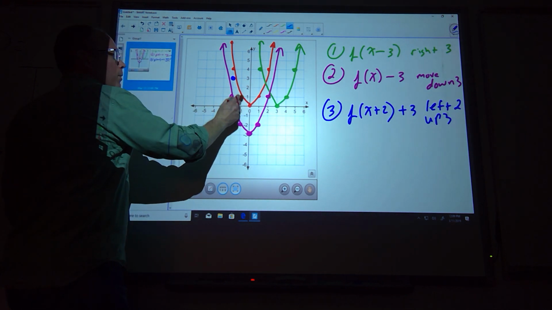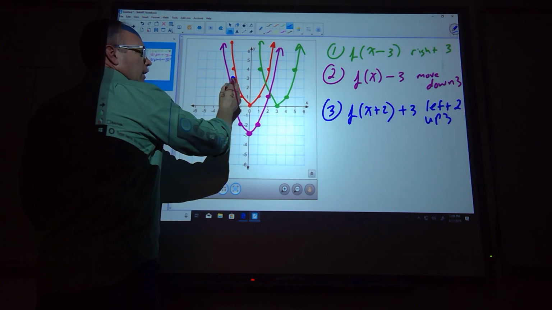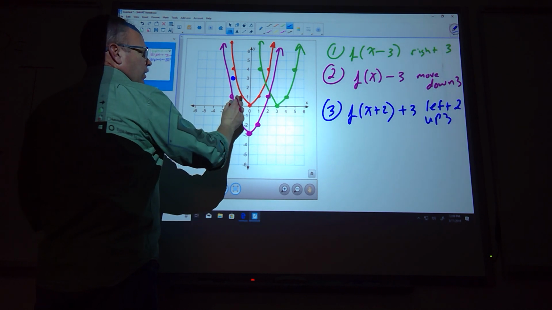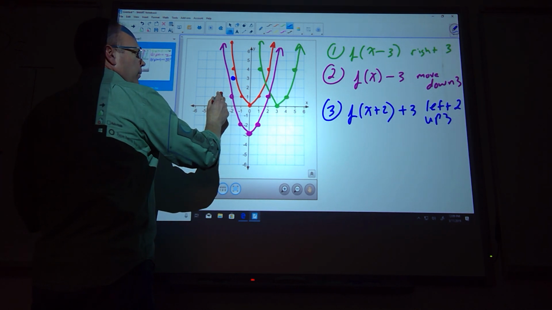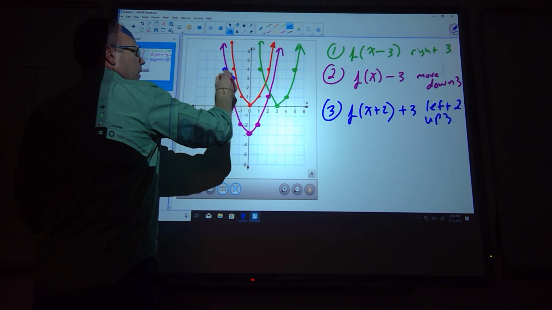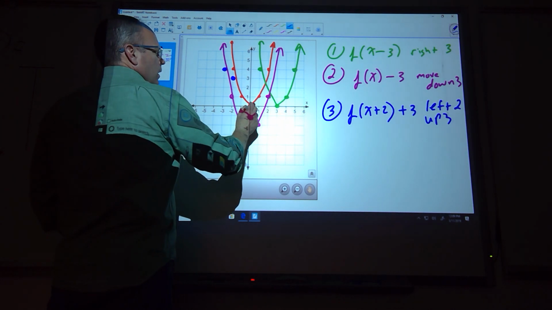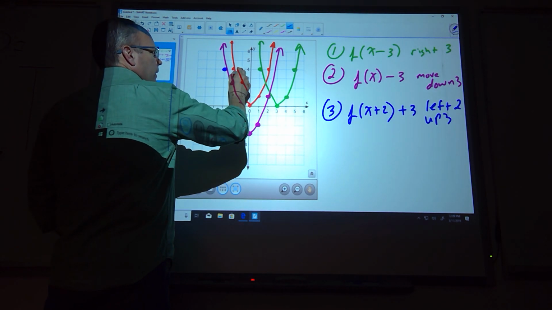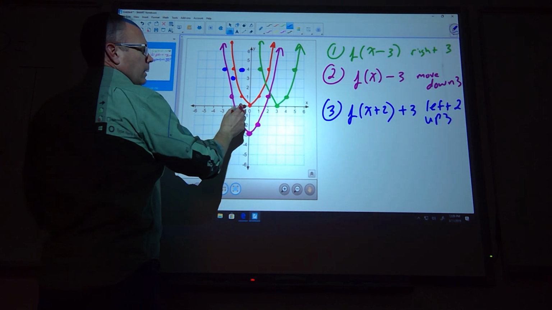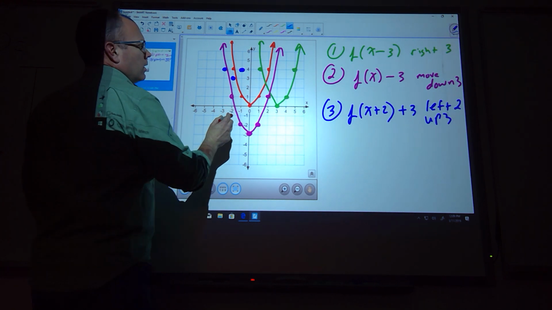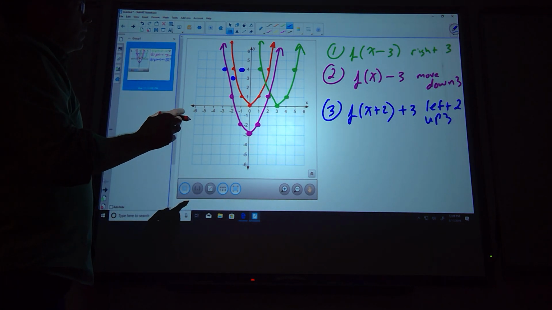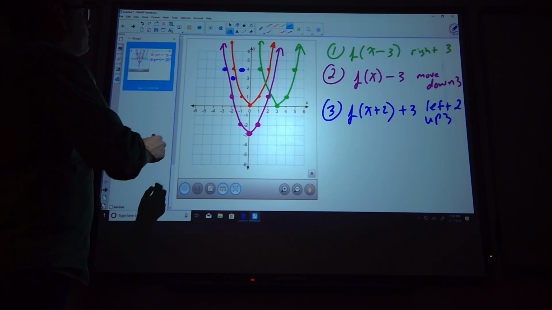So can you see how this point moved? And then, let's see, this point, I'm going to go left 2, 1, 2, and up 3. This one as well. Left 2, up 3. Right, did I do that right? Wait, I moved too much, didn't I?